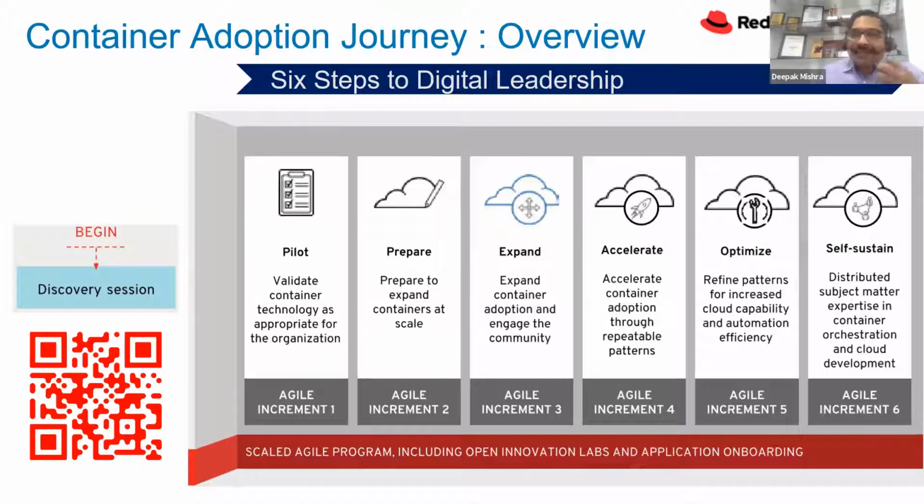Then for self-sustain, you cannot depend on a vendor, right? So we can come help an organization, or you can start with a small team and the small team becomes successful. But if the rest of your developers have not adopted it, and the mid management is not adopting it, it cannot be a self-sustained phase.